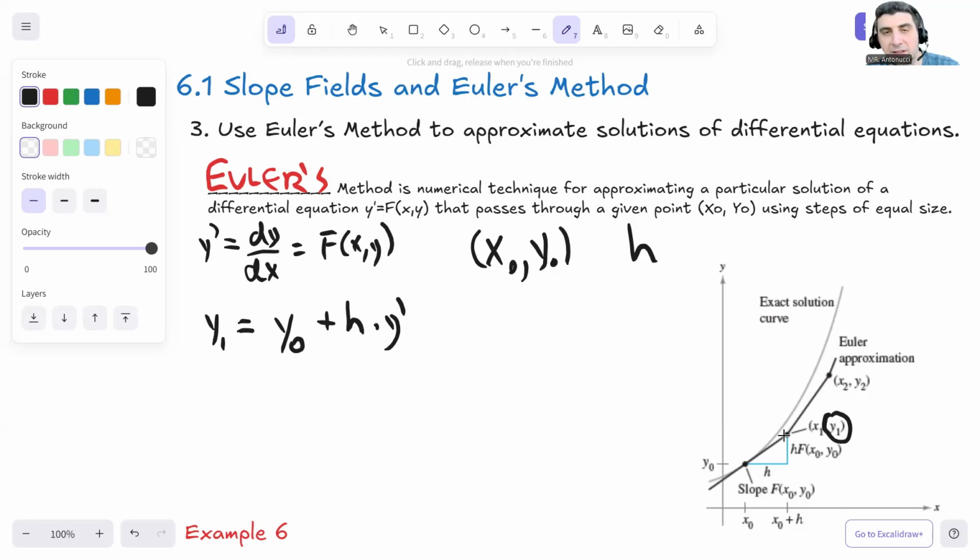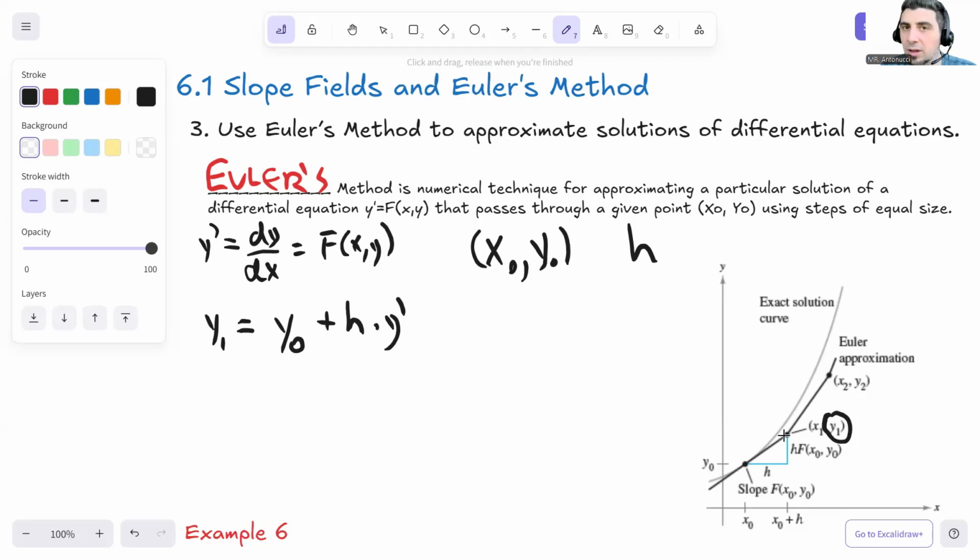So the h times y prime is the derivative, which is going to give you the slope at the initial point, times the small change or the step size, which is h, which is going to be approximately how much y changes, according to what we learned about differentials previously.